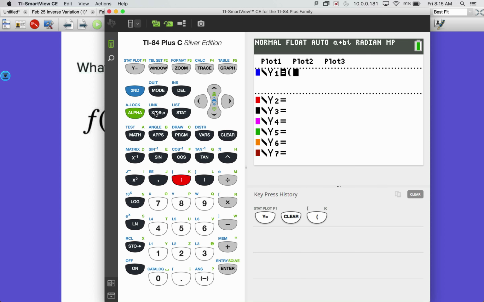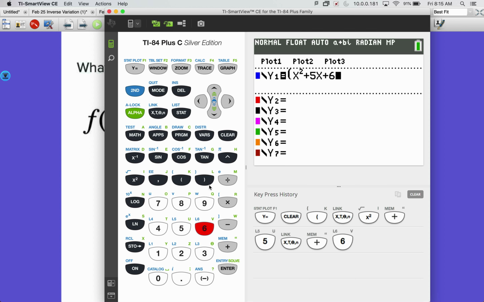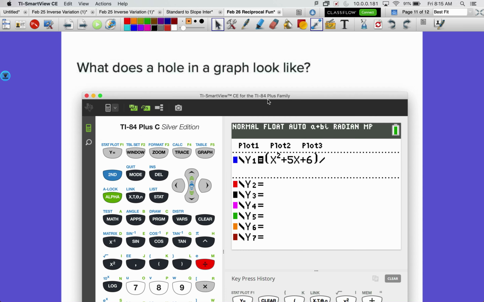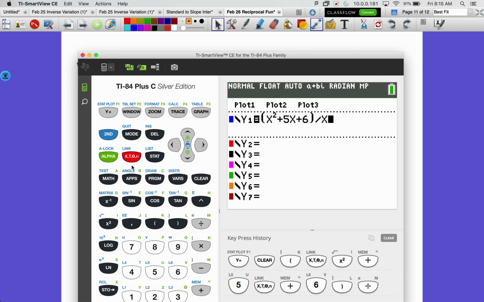So parentheses x squared plus 5x plus 6 divided by x squared plus 6x plus 8. Oh, forgot my parentheses. Need that parentheses there, or do the wrong order of operations.